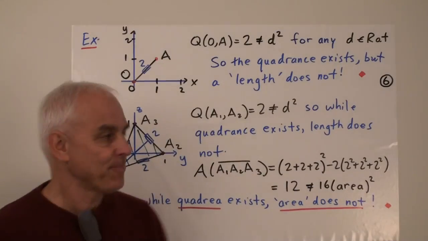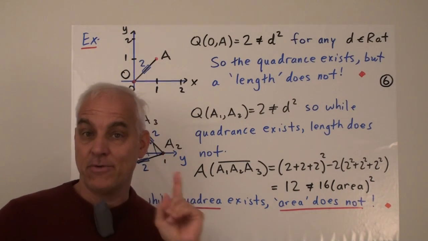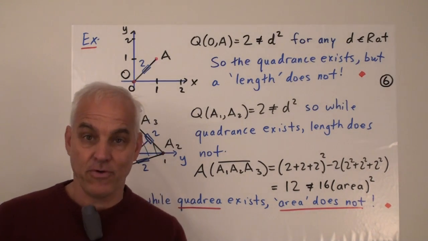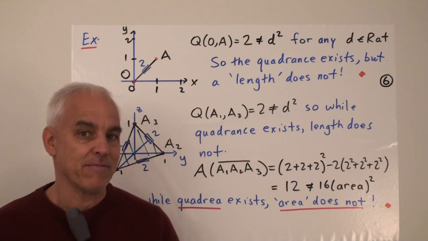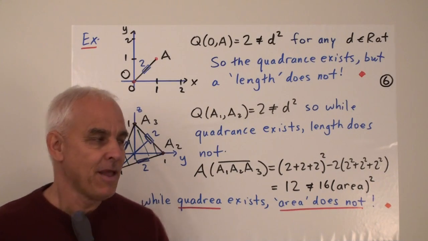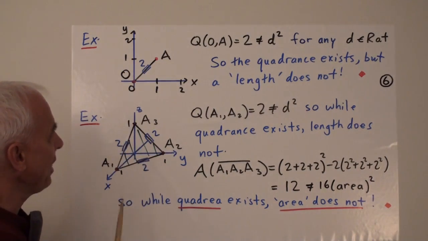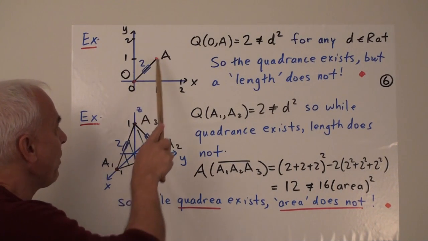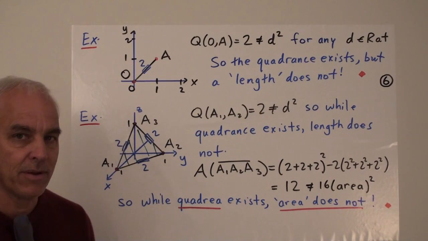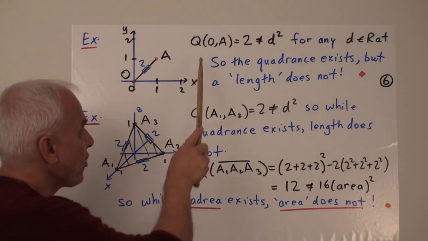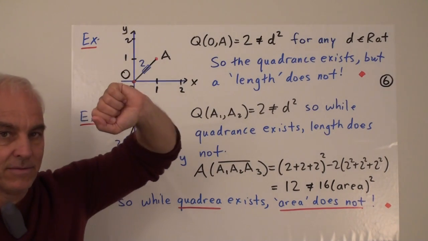So, for example, a very familiar example, going back essentially to the Pythagoreans, 600 years before Christ. In fact, concurrent with the start of serious mathematics in our world. So in this basic example, we have an ordinary plane, we have our origin O there, we have this point A, which is 1 over in this direction and 1 over in this direction. Now we know that the quadrance between O and A is well defined.